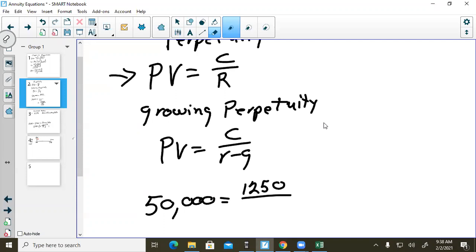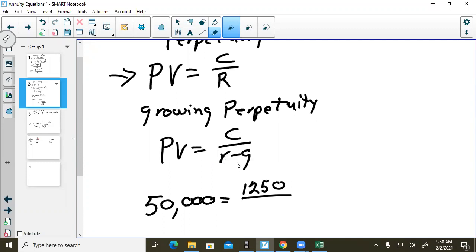Every now and then the government will look at the cost of living and inflation and adjust their payment accordingly. So with a growing perpetuity, same equation, the present value is the cash flow divided by the rate of return minus whatever the growth rate is in the payment.